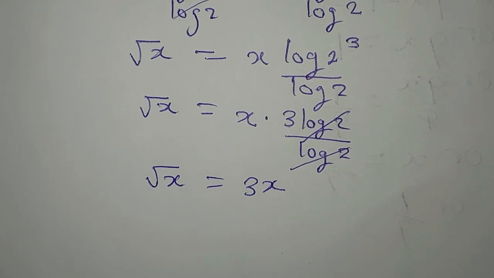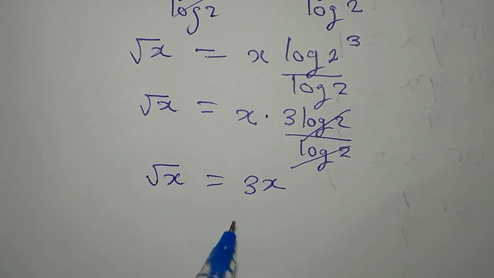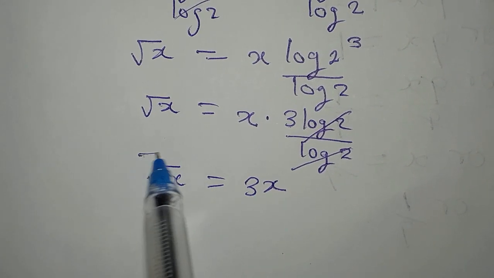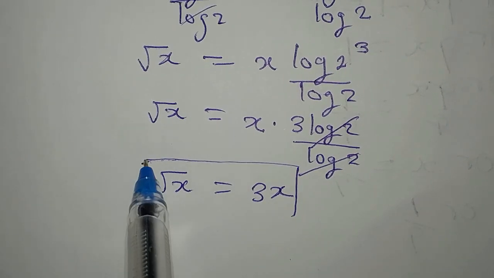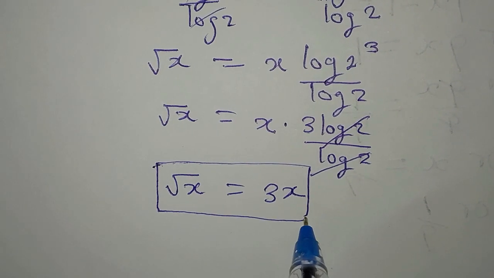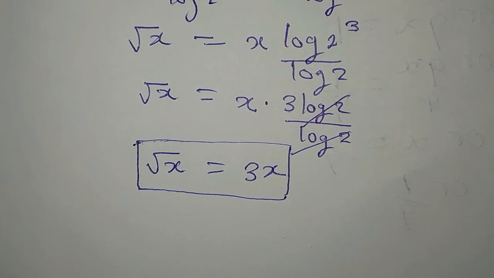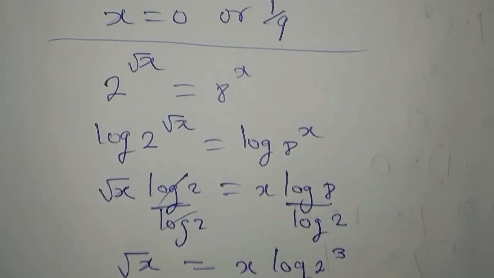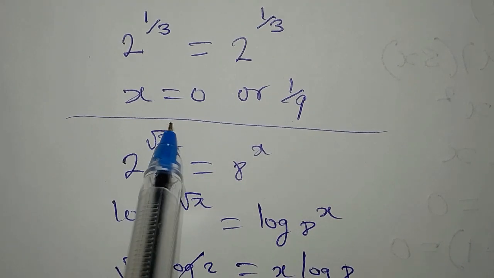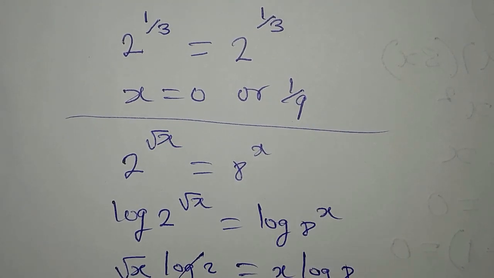Okay, if you recall, at some point we had something like this in the first method we used. So once you arrive at this, it leads you to a quadratic equation, and then you solve it to get your x equals 0 or 1 over 9.